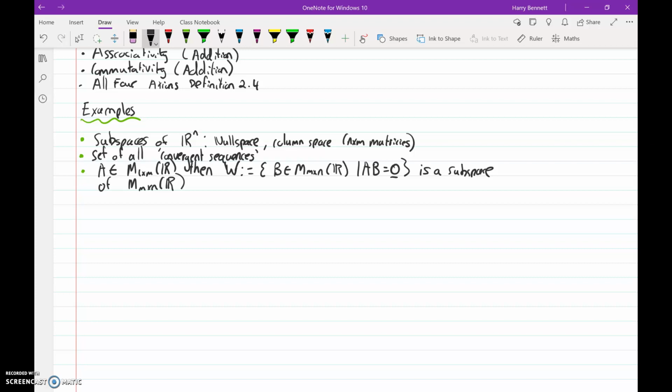So if you have any matrix A, the set of all B such that A times B is equal to the identity is a subspace, and we'll prove that one now.